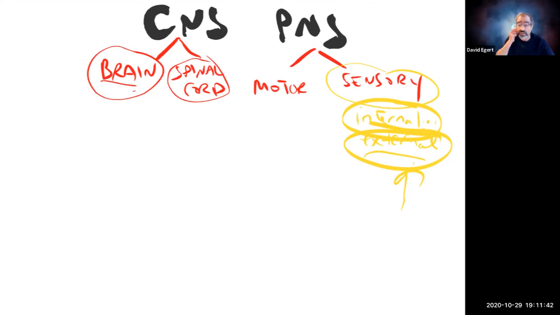In touch, there's an actual stretch of your skin. The cells literally stretch, and that stretch of the membrane is what opens the little channels. So mechanoreceptors transform some physical force into an electrical signal, whereas in vision, light energy is what is converted into an electrical signal. Does that make sense?